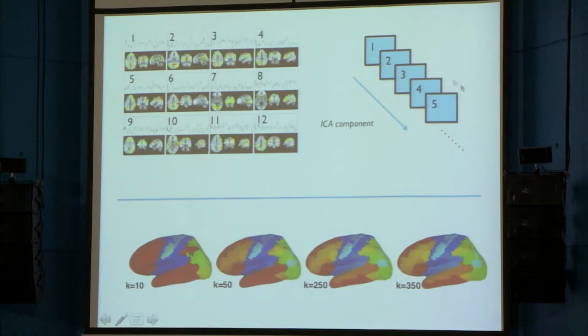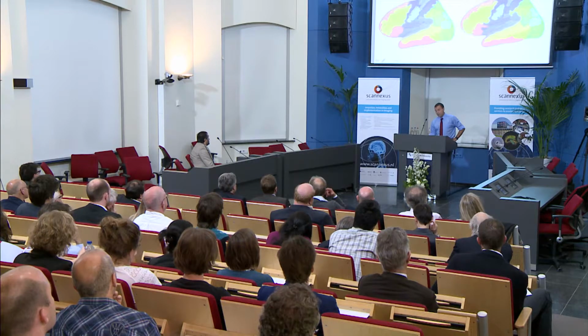If we do that, it comes out quite clean that we can segment the entire brain based on how well each voxel resembles other voxels, not in their time series, but in their belongingness to the ICA components. So we have just 15 images in a stack. Even up to 350 segments, you can see a good degree of test-retest repeatability.